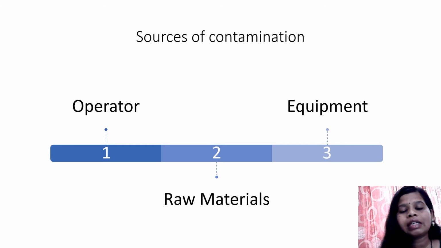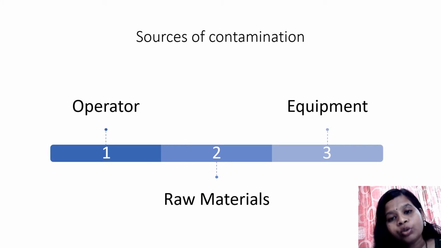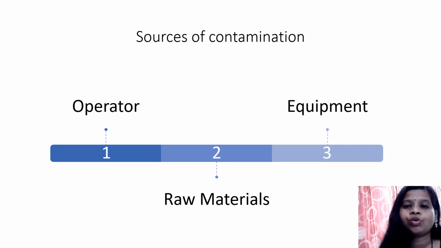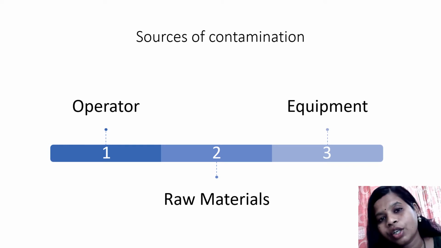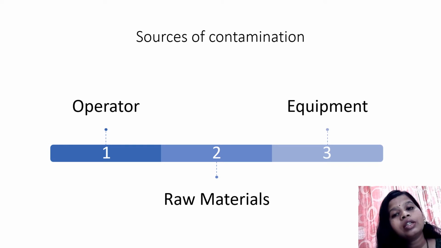Along with the skin, the hair, mustache, hands, nose and mouth also act as sources of contamination, because the nasal passage also has microorganisms like Staphylococcus aureus, Staphylococcus albus, and Neisseria pharyngitis. Thus, the person can act as a source of contamination, so personal hygiene should be maintained.